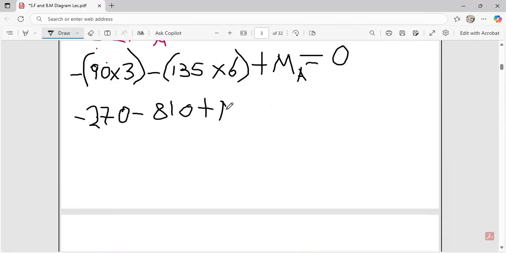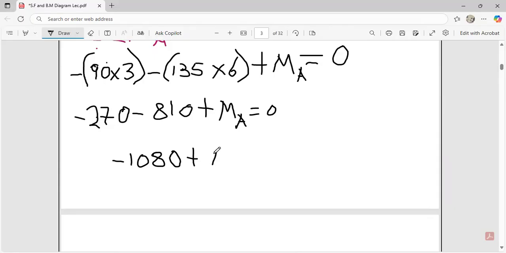Plus your MA. At the end of the day, you still equate all of this to 0. Good. Minus 270 minus 810 is going to give you what? Negative 1080.